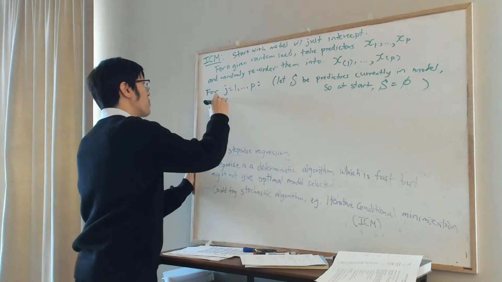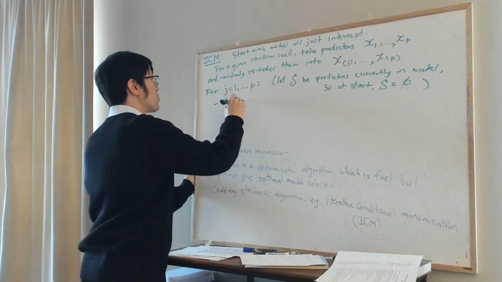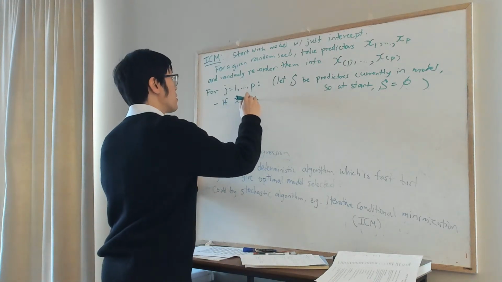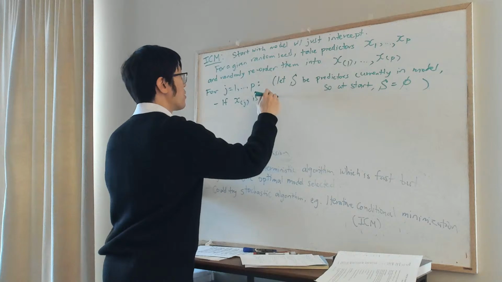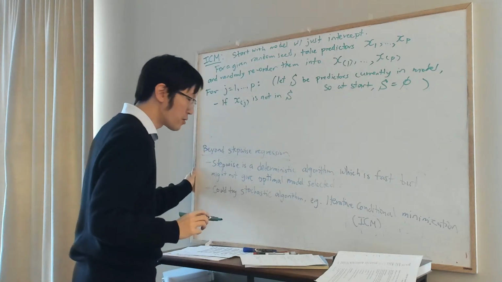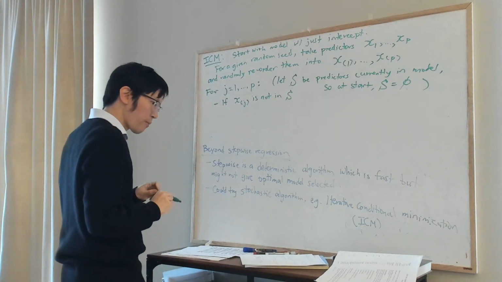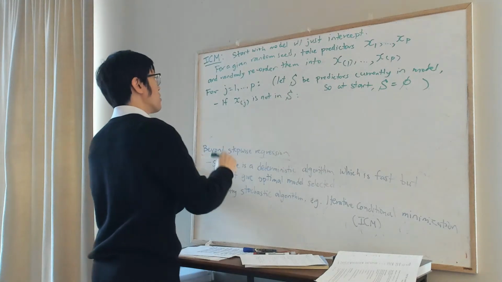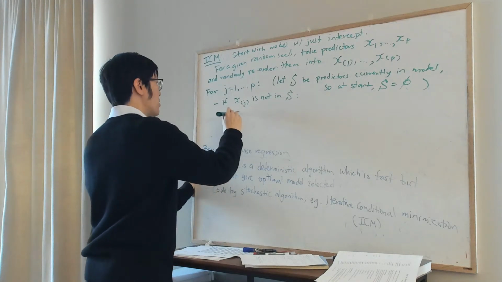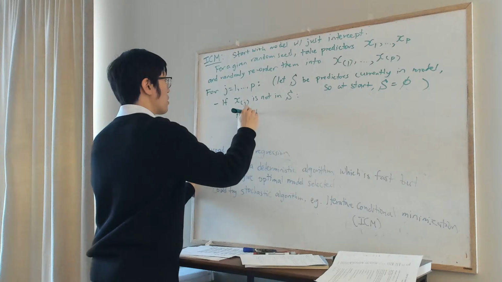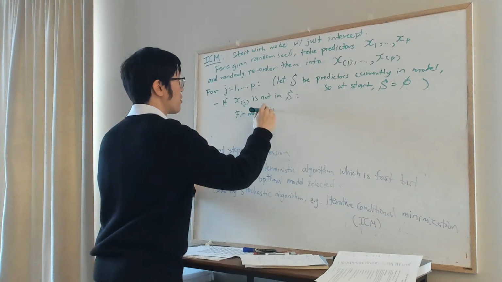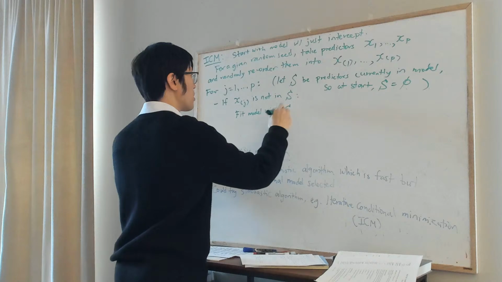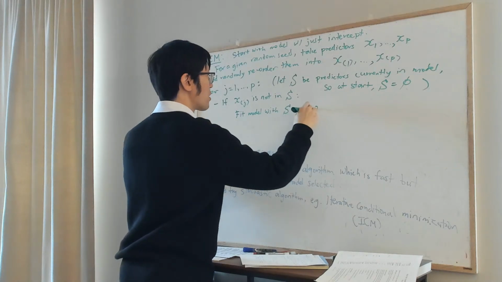If xj, this predictor, is not in S, and we try adding it, then fit a model with the current variables in S and xj.